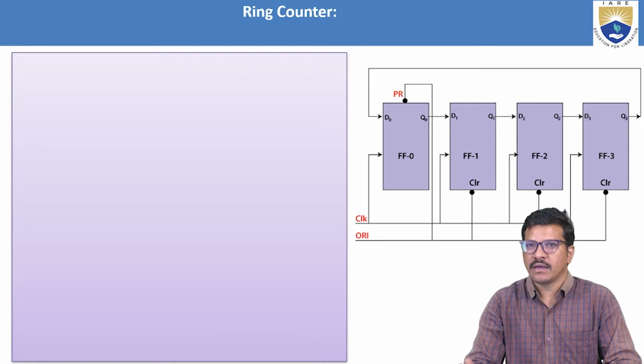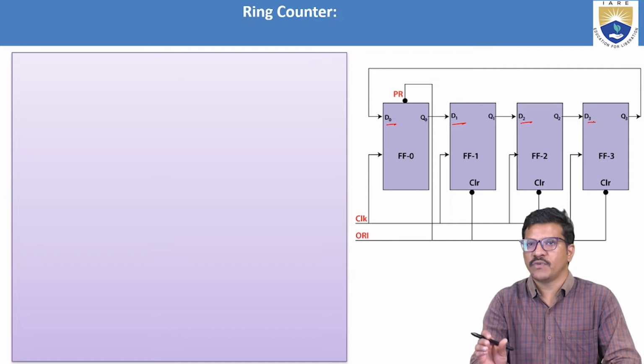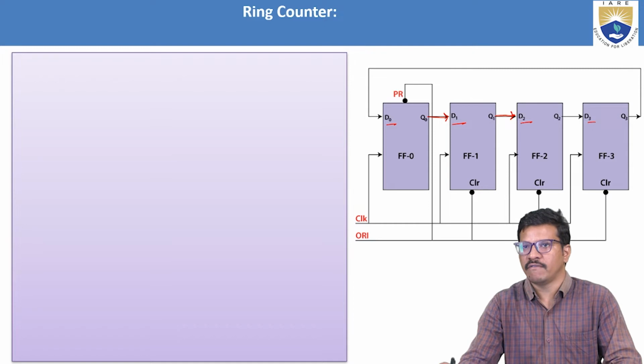They have inputs D0, D1, D2, D3. Take these 4 flip-flops side by side. The first flip-flop output is connected to the input of the second flip-flop. The second flip-flop output is connected to the input of the third flip-flop.